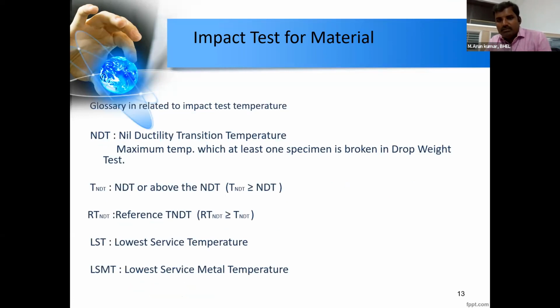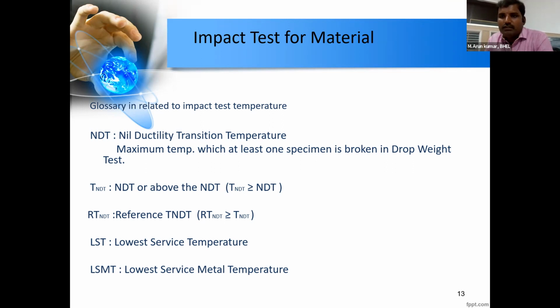At the particular temperature where we get no break in both specimens, plus 5 degrees Celsius will be considered as the TNDT, that is the NDT temperature.